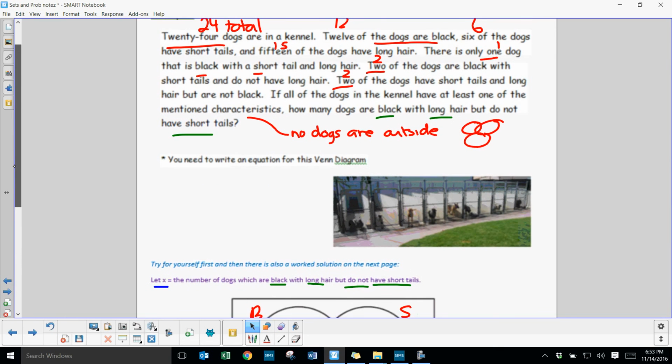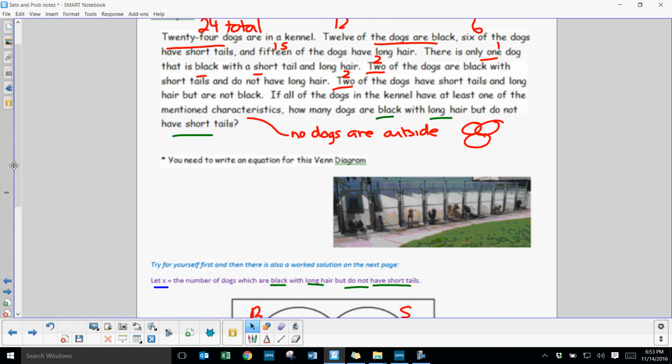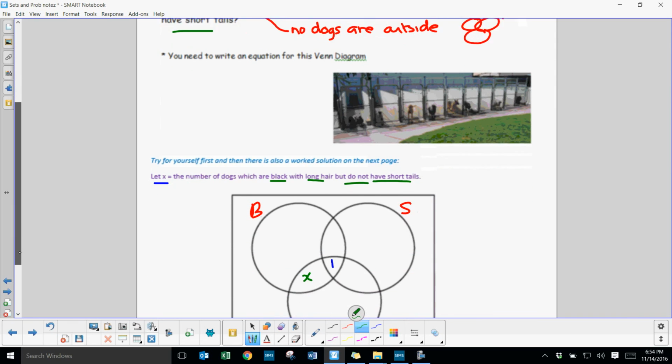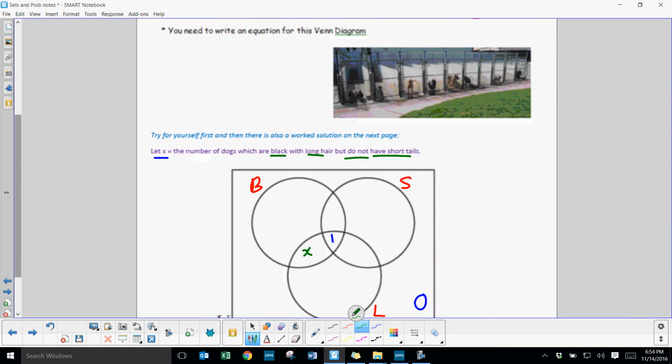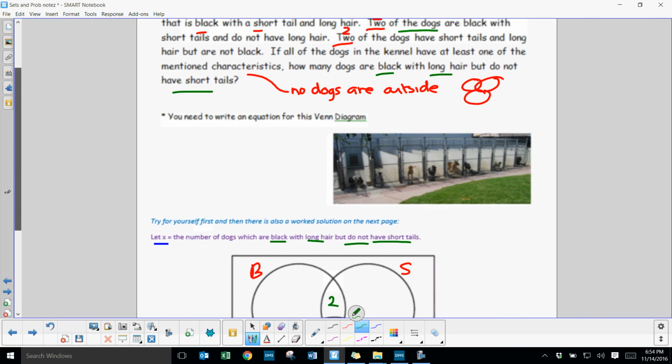What else can we do? Let's look at some of the combos. 2 of the dogs are black with short tails but do not have long hair. So black with short tails but not long hair would be right here.